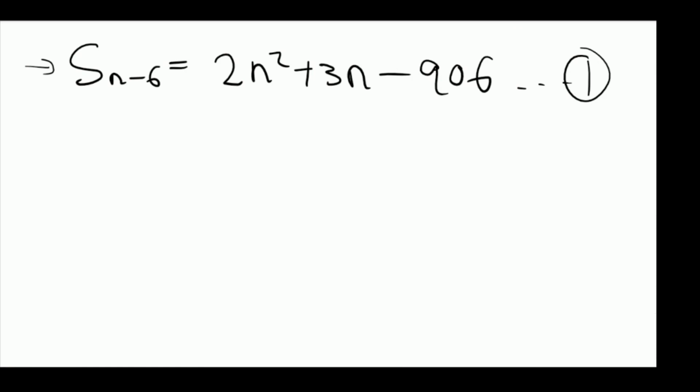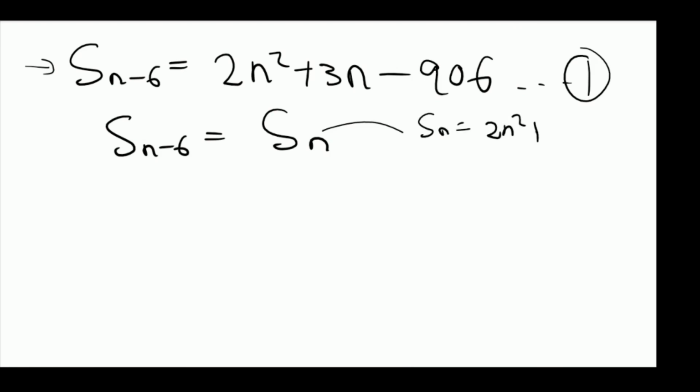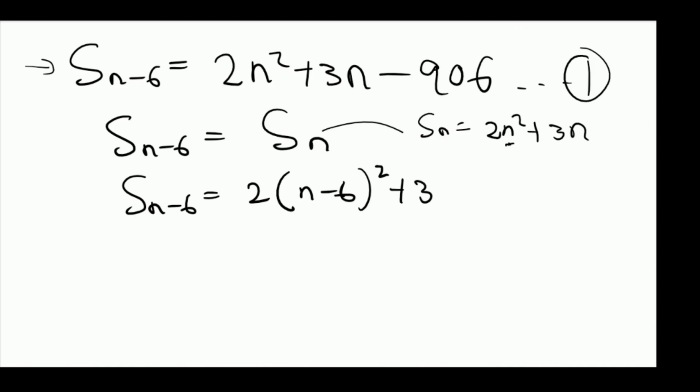So what we want to do is we're going to say the sum of n minus 6 is equal to, we're going to substitute that in our sum, which you remember very well was equal to 2n squared plus 3n. So we're going to say the sum of n minus 6 is equal to 2 into, so instead of writing this n squared, we're going to say n minus 6 squared plus 3 into n minus 6.